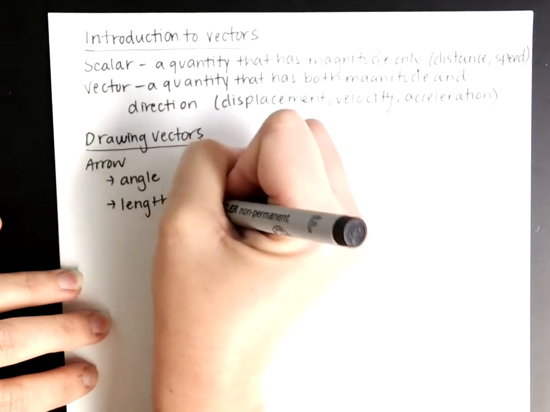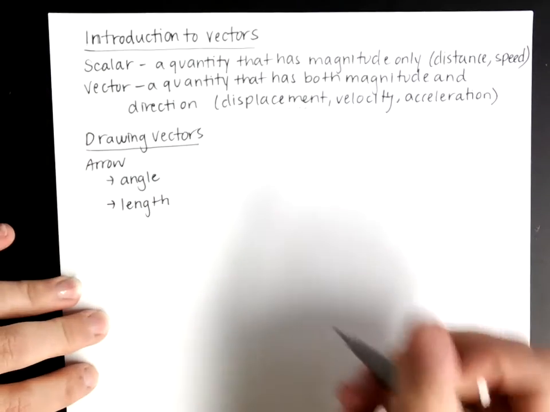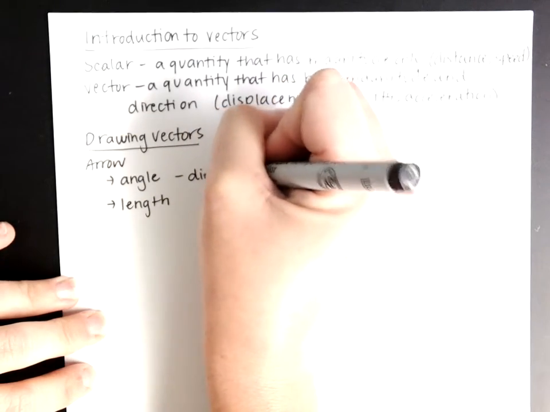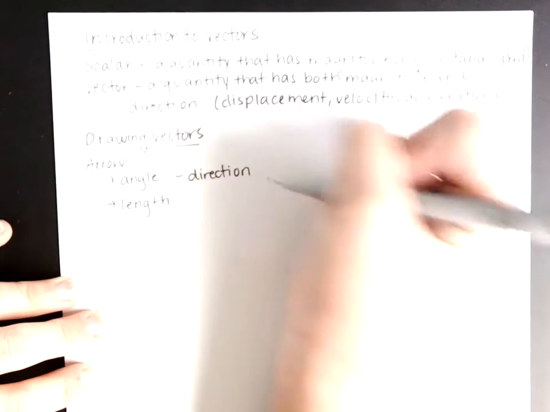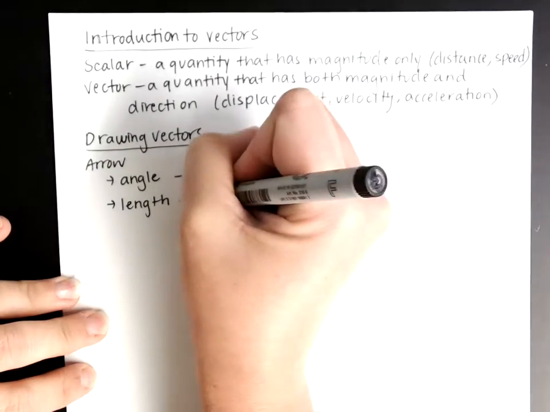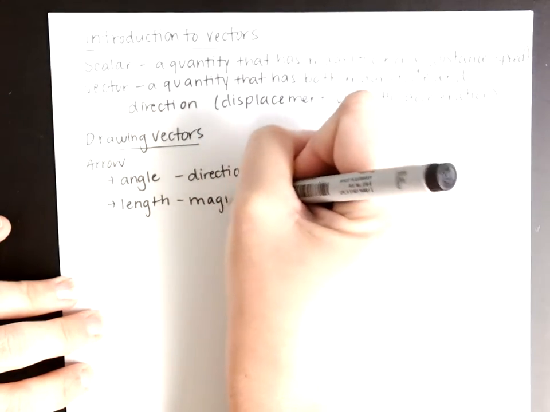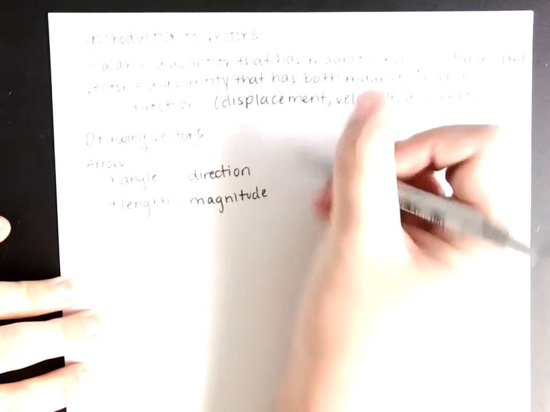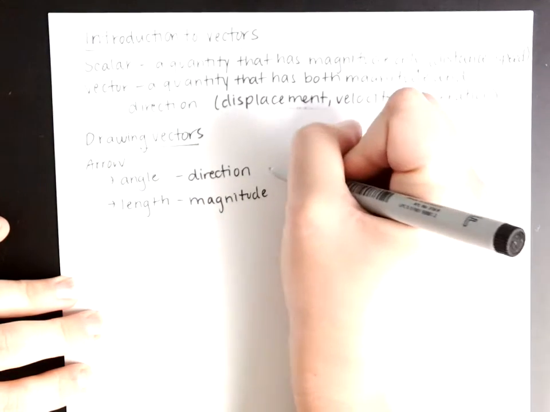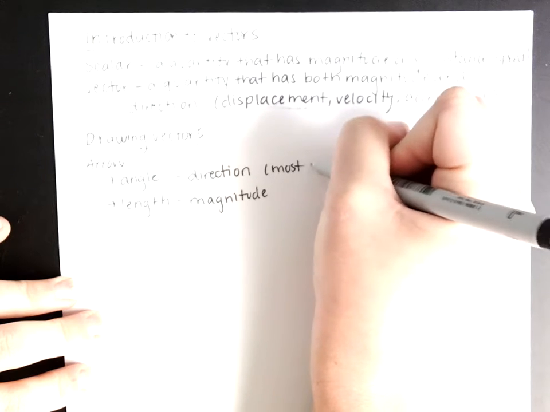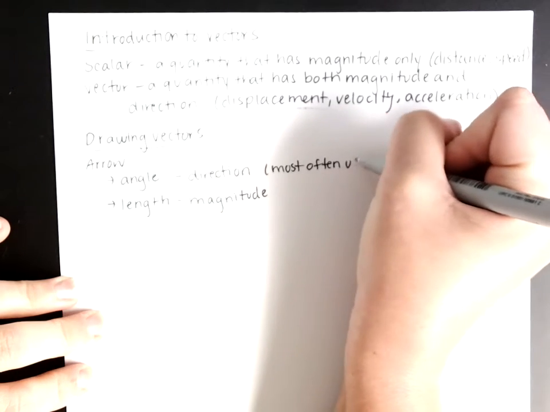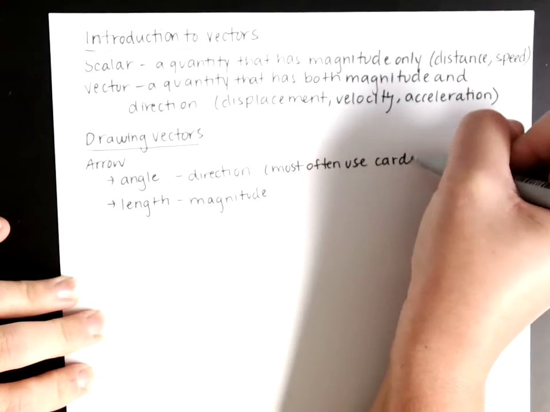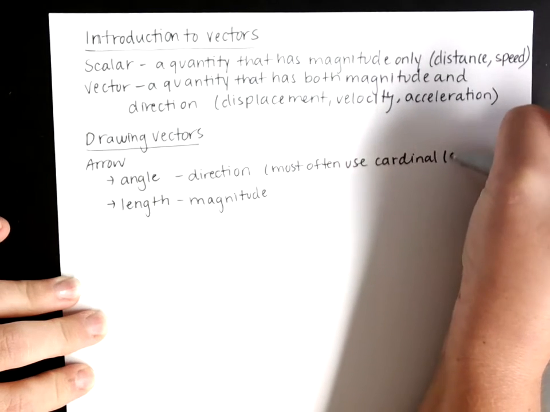Both of those things actually matter. So the angle is going to tell us the direction of the vector, and the length is going to tell us the magnitude. For the angle, we most often use cardinal directions. Cardinal directions are what you see on a compass.